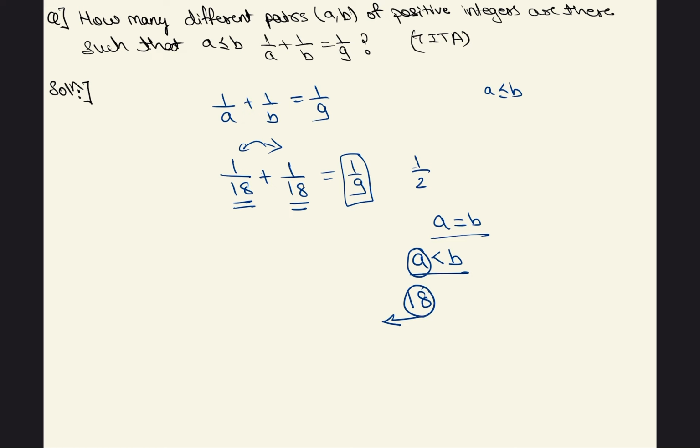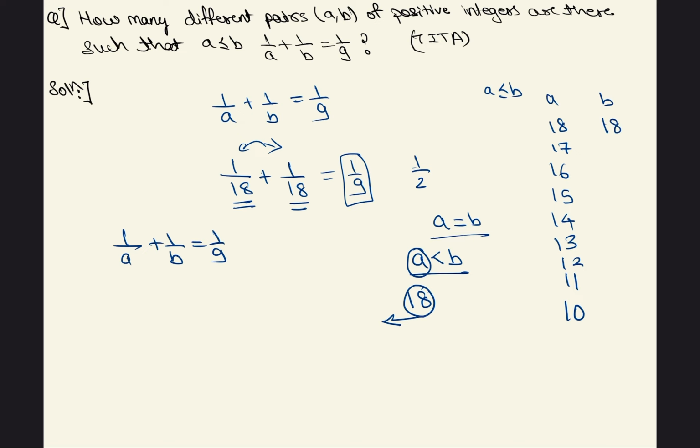So all the values up to 18 such that 1 by a plus 1 by b is 1 by 9 are 18, 17, 16, 15, 14, 13, 12, 11, 10. Now let's see what b corresponds to these.